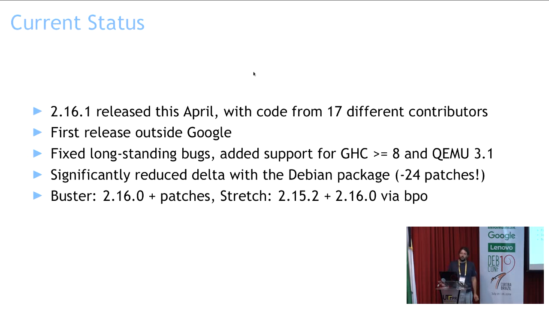But I plan to update this via backports in the short-term future. Stretch was released with 2.15.2, but also has 2.16.0 via backports currently. So there is an upgrade path for people wanting to upgrade via backports as well.